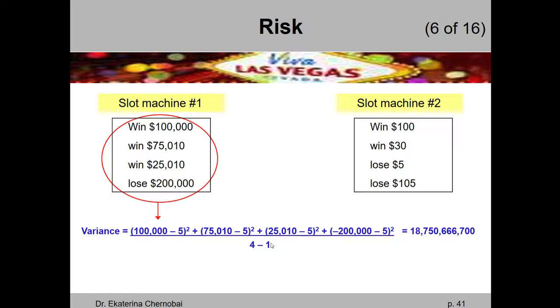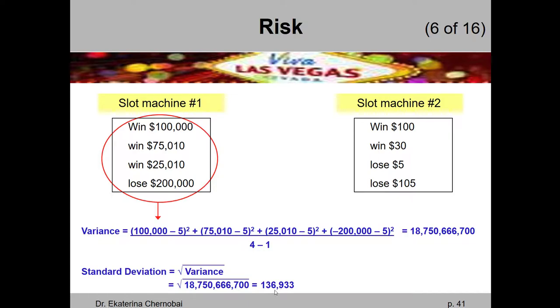So we get this large number, that's the variance, and then we take the square root of that, which in a way removes that second power that we added, just so nothing gets cancelled out. So the square root of variance is the standard deviation, and we get $136,933.